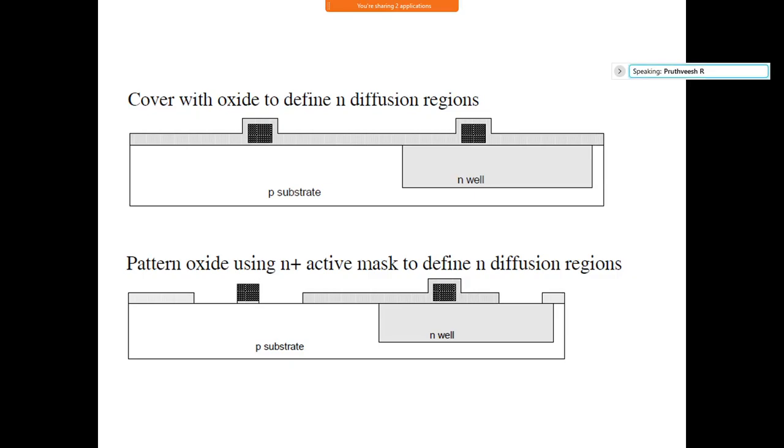What may be the mask for this? Can somebody tell me what is the possible mask of this? Will it have an opening here? Will it have 3 openings? 1, 2, 3 openings. Am I correct? 2 openings. From here to here.